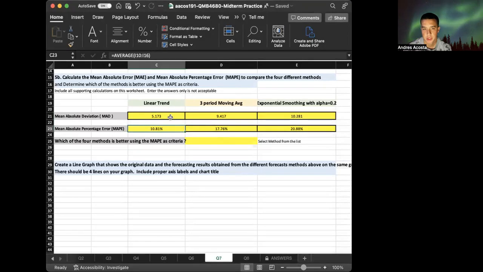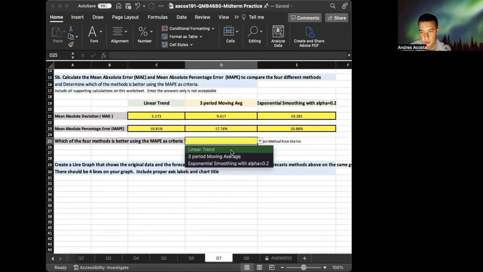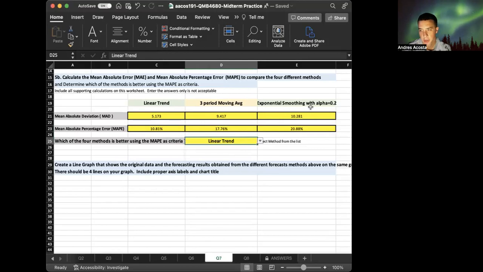So as you can see here, it's 10% with the linear trend and 17% with the 3-period moving average, meaning the linear trend is more exact. So we will choose linear trend. We're not even gonna look at the exponential smoothing because look at how high these percentages are.